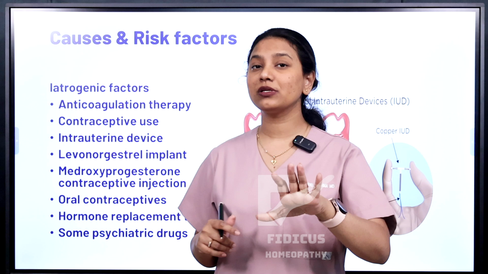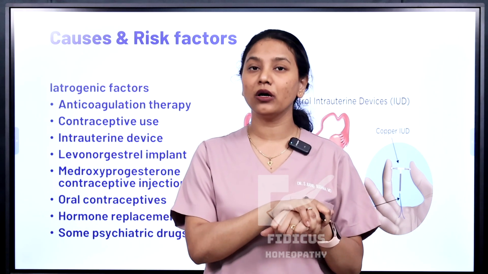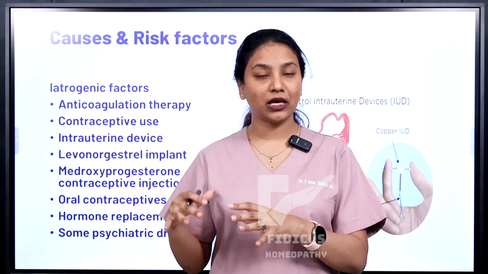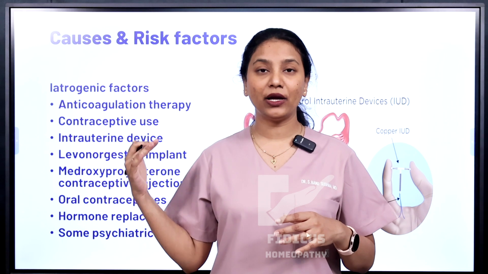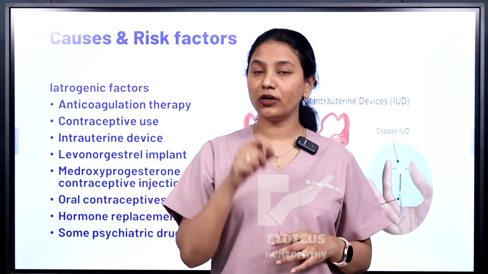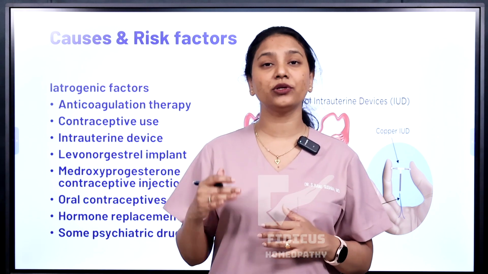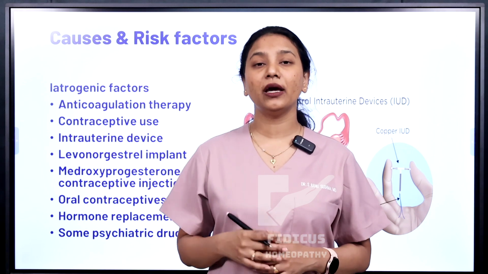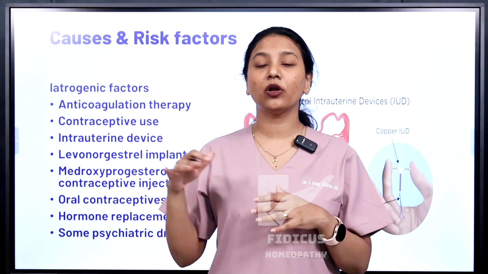If you're absolutely healthy and, after using these hormonal pills to prepone or postpone your menstruation, you get this AUB, abnormal uterine bleeding, that can be because of an iatrogenic factor, that is, the medicine. Also, if you're using contraceptives from a very young age, or using IUCDs, that is, intrauterine contraceptive devices, it can cause abnormal uterine bleeding.